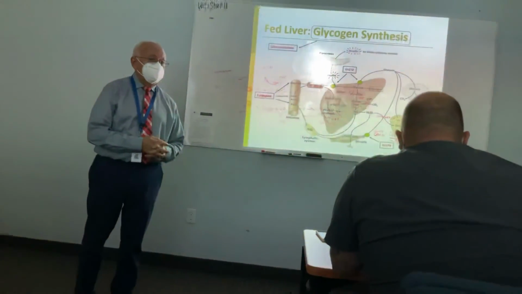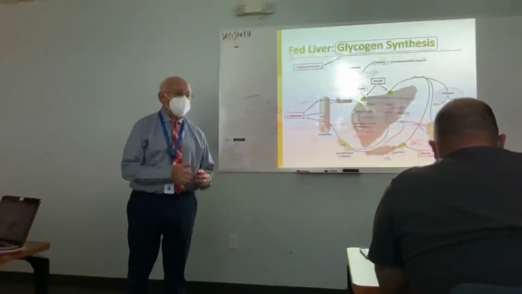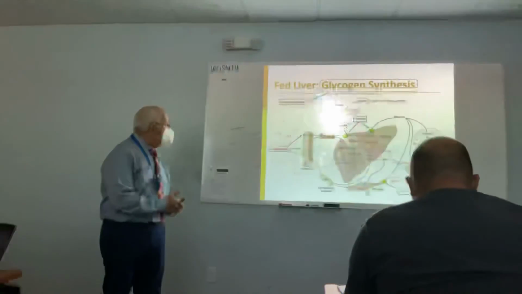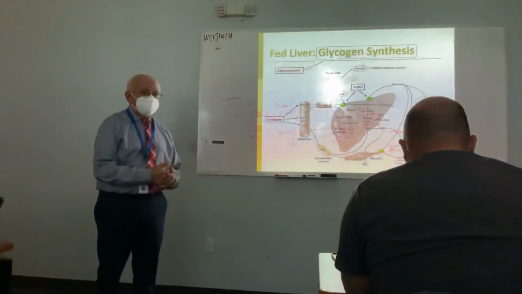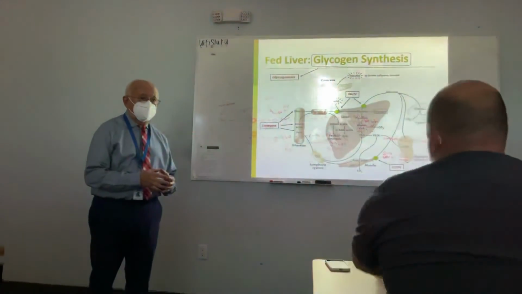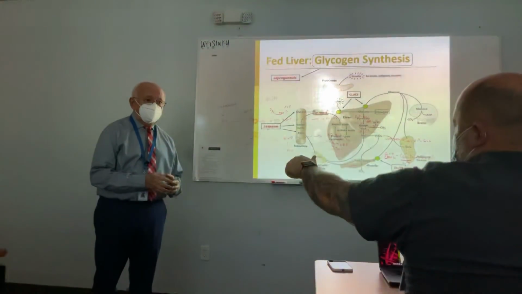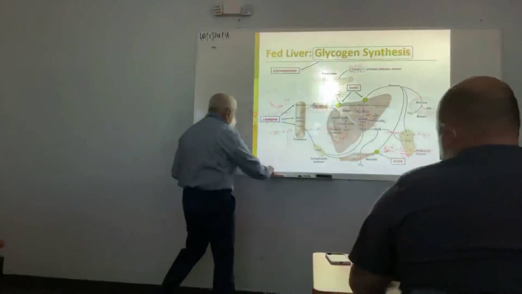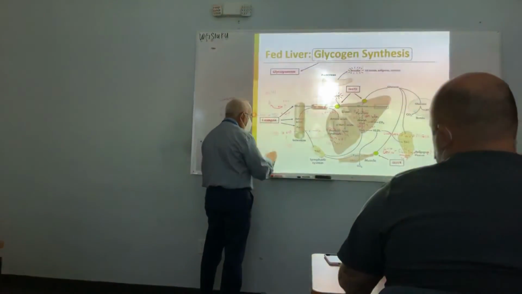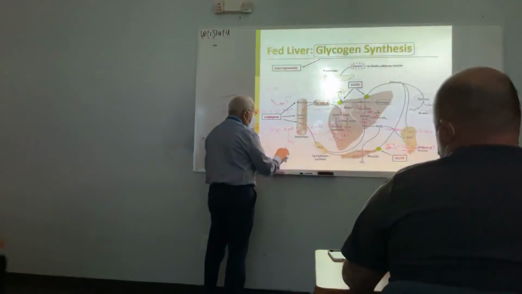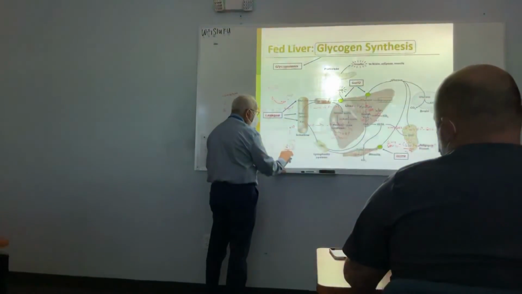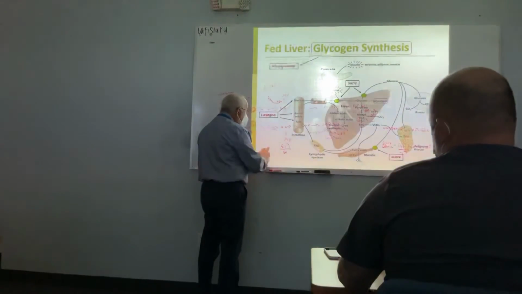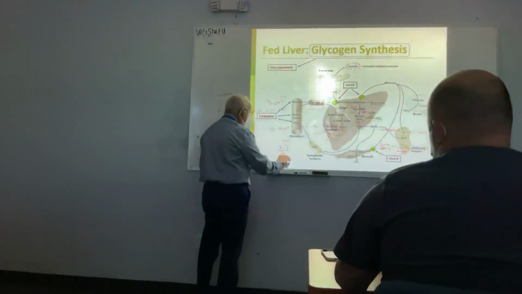This was a toughie. There was a lot going on. From a regulation perspective, the only things we have to worry about for this whole thing are synthase and phosphorylase. Remember the synthase, look at this. If we want to make the synthase happen, this is the A form of the synthase.